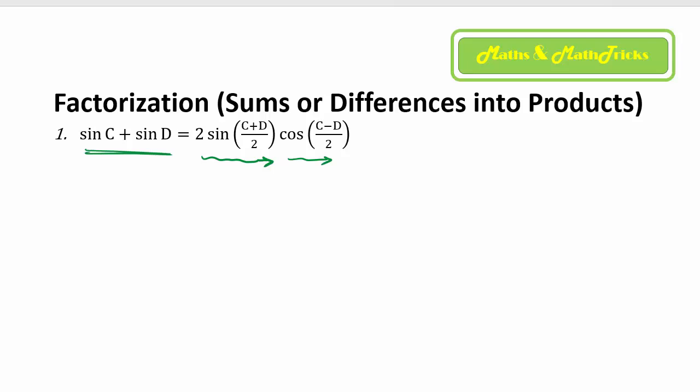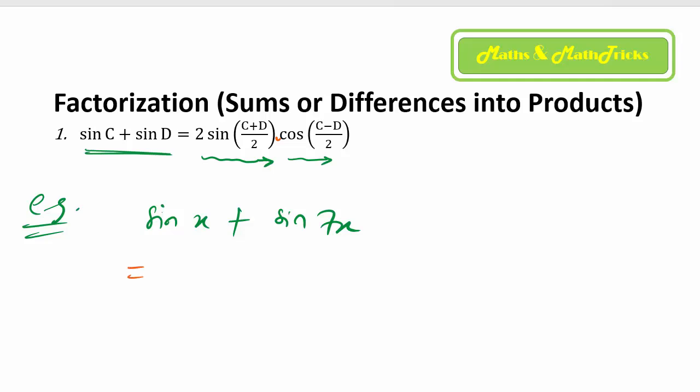And where do you utilize this formula? For example, quickly, if you are interested in solving this kind of problem, say sine x plus sine of 7x. How can you express this into a product? Sine x plus sine of 7x should give you a hint that you're trying to add the compound angle formula for the sine function, isn't it?